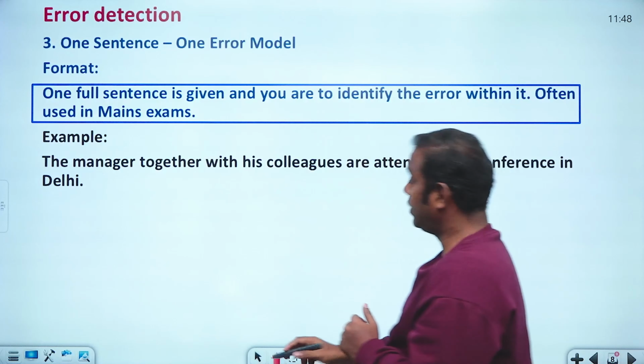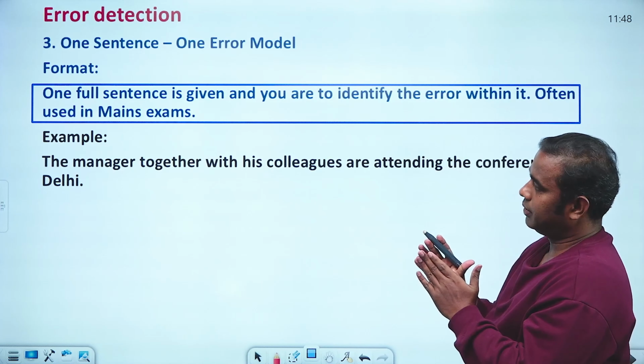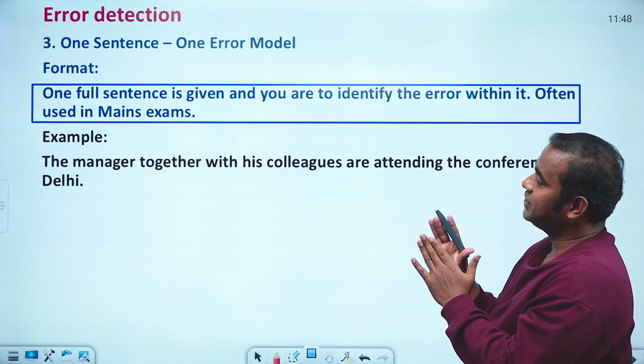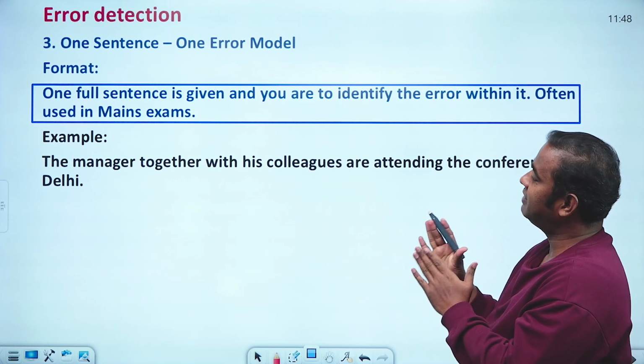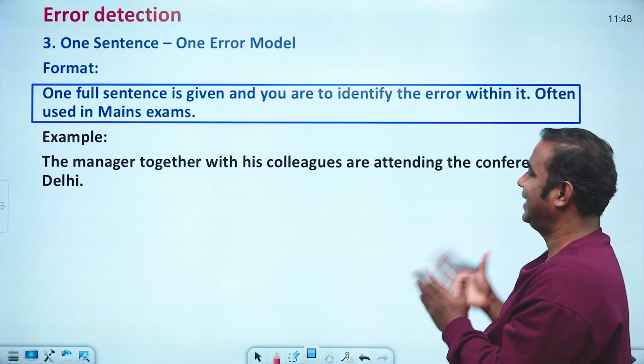So here, if you look at this: "The manager together with his colleagues are attending the conference in Delhi."